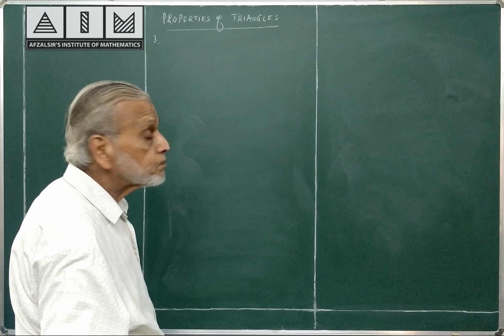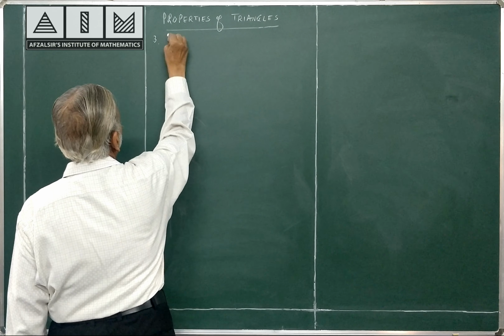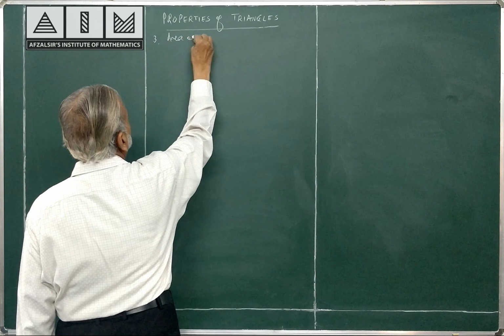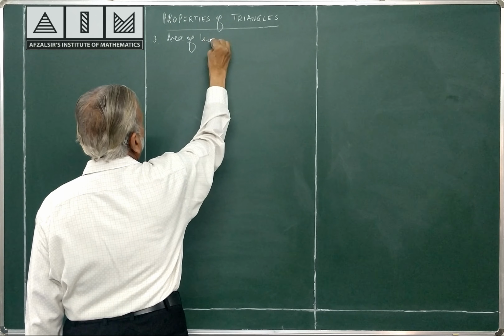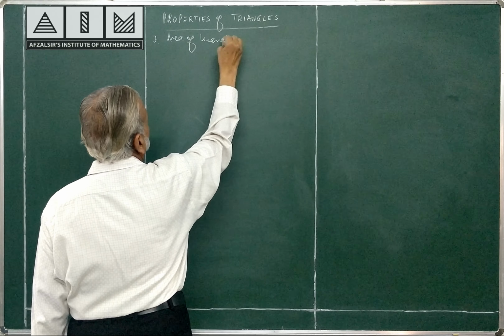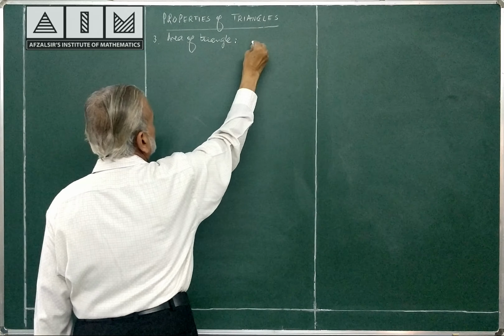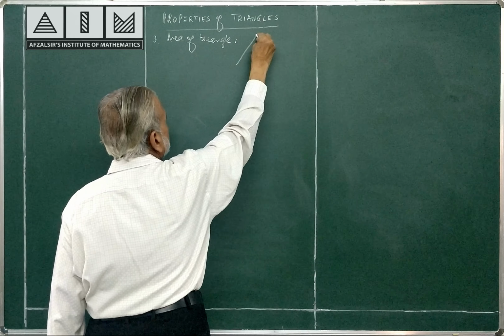Please see now. Area of triangle. This is the triangle ABC.